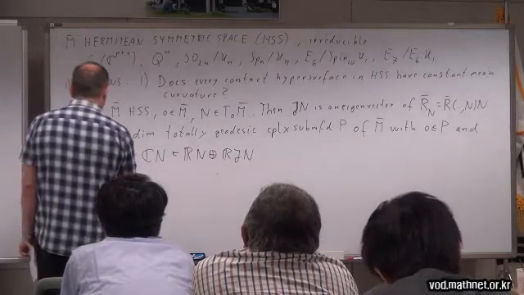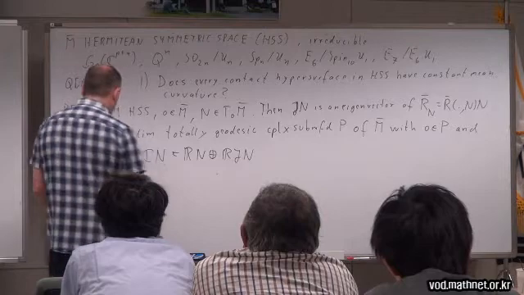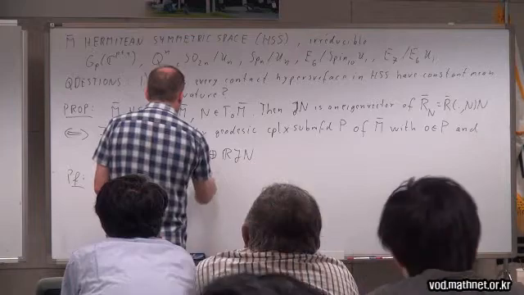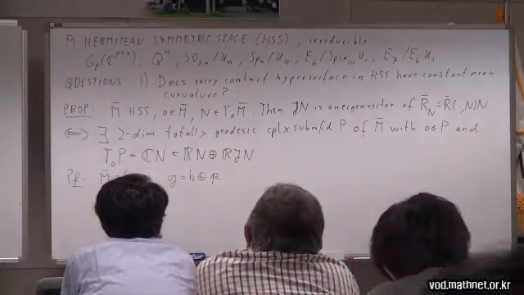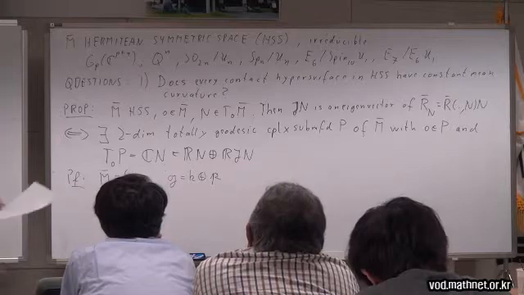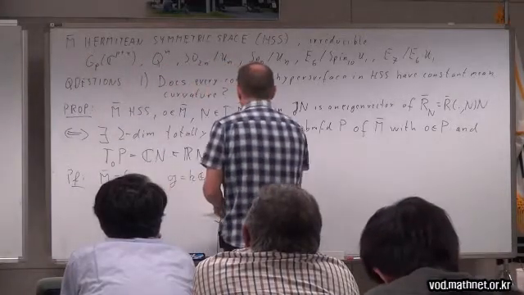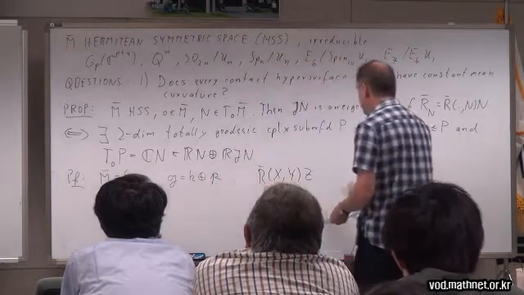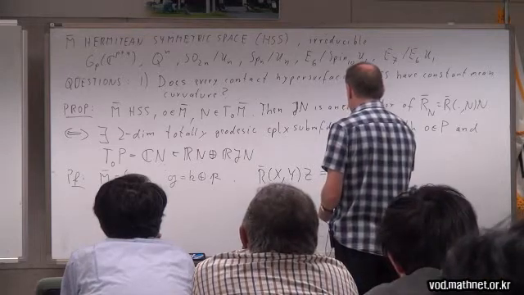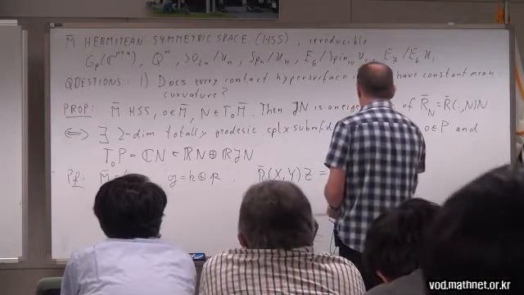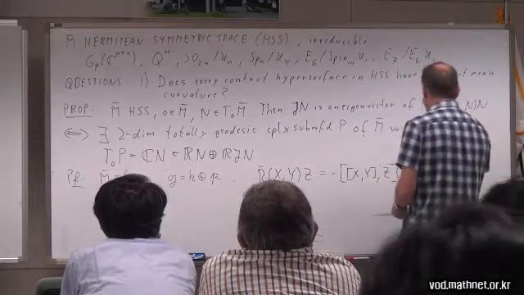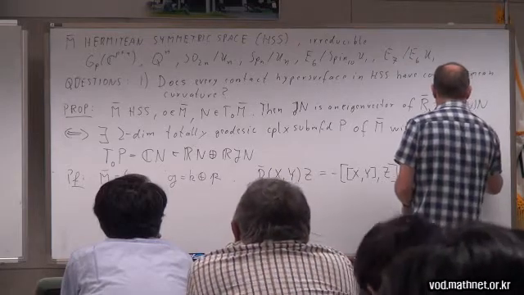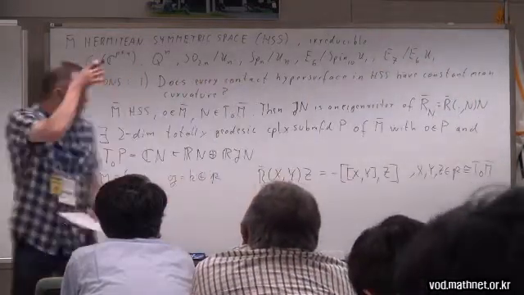We can write M bar as G over K, and then look at the corresponding Cartan decomposition at the point O. So then the curvature tensor R of x, y, z can be expressed in terms of Lie brackets, where x, y, and z are in P, which we identify with the tangent space of M.